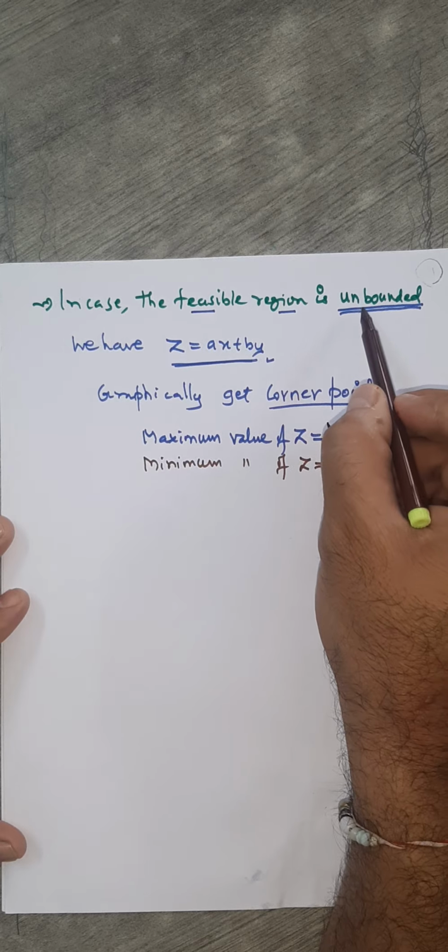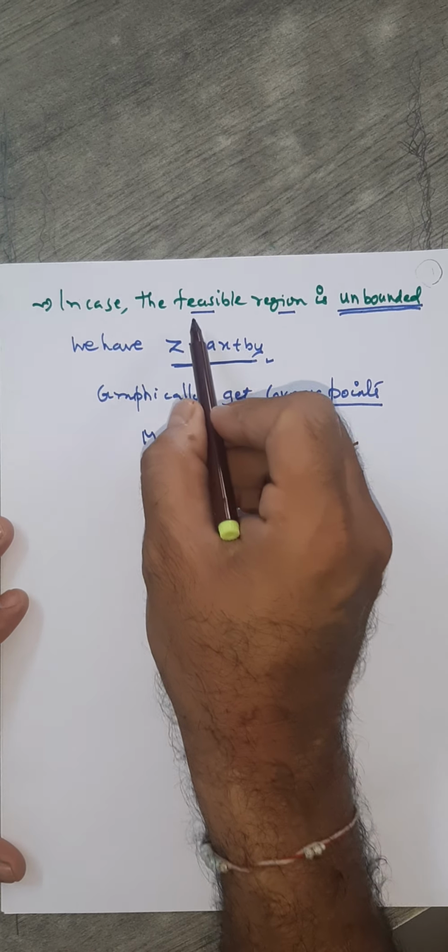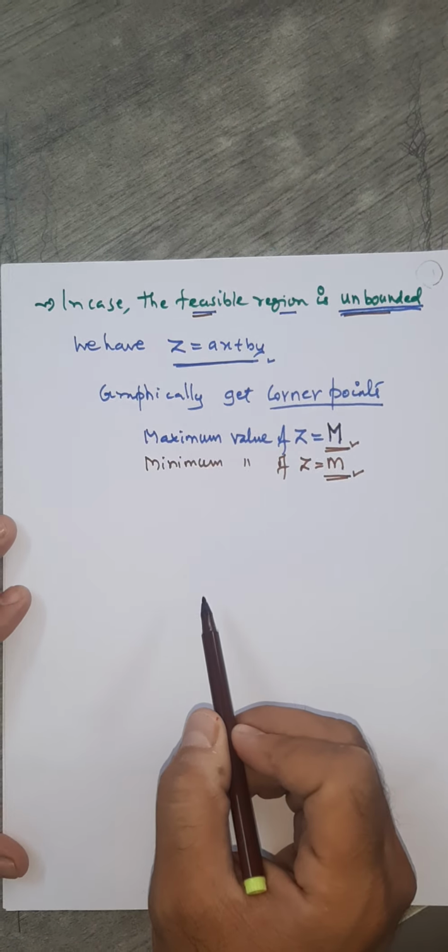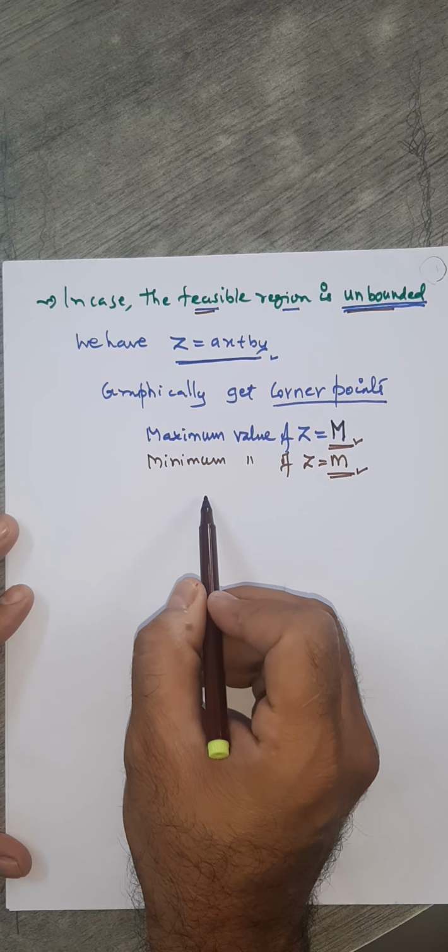Okay, now if the feasible region is unbounded, then we need to do this.